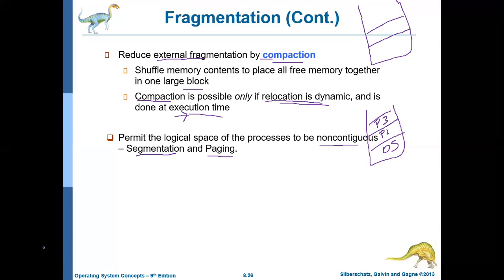The CPU will typically generate a logical address, and that will be compared with the limit register. Only if the logical address generated is less than the limit register, the CPU will be allowed to access the memory. But before accessing the memory, the logical address will be added to the content of the relocation or base register, and then the physical address will be generated, and then the memory can be accessed.